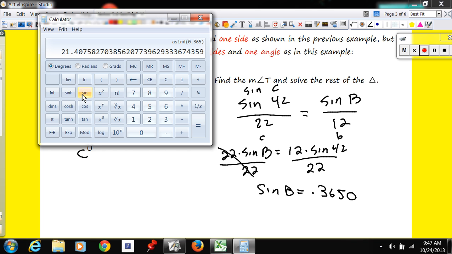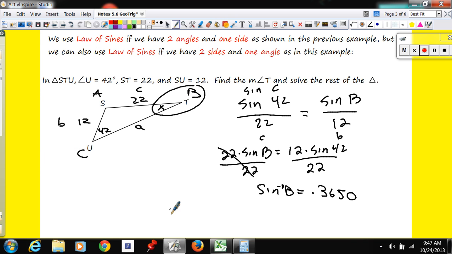Now you might have to hit the inverse sine first and then put in the 0.3650. You should, in both cases, get a 21.4 degree angle. Because we're using the -1 here. You could almost put a -1 right there to remind yourself to do the inverse. So angle B is 21.4 degrees. So that's this angle right here, 21.4 degrees. Could I now find angle S up here at the top, or angle A?